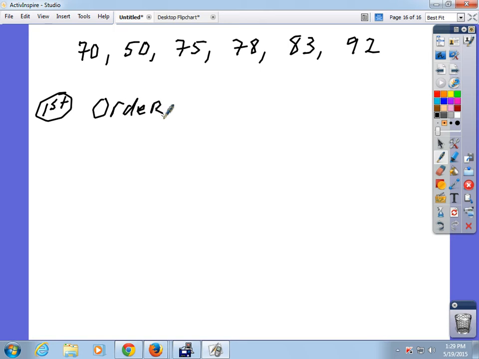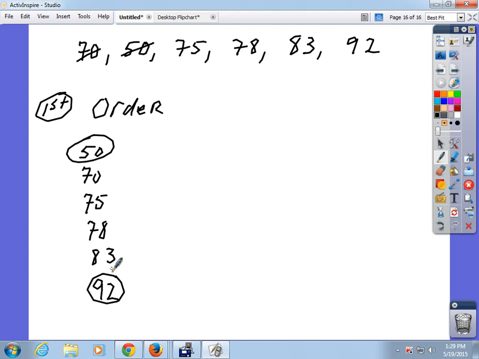You've got to put them in order before you even start. So let's put them in order. There's a 50, and then 70, and 75, 78, 83, and 92. This is your lowest class limit, or your lowest data point, and this is your highest data point. This is your min, and this is your max.